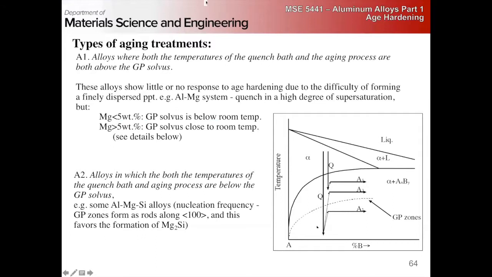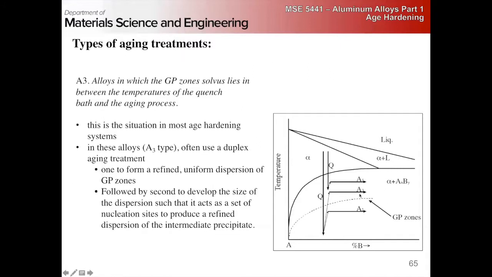We can nucleate some GP zones on the quench, and then when we age, we can nucleate our secondary phases heterogeneously on them and get a finer dispersion. The third case is where we quench and age below the solvus, which is what is used for most age hardening systems, right?